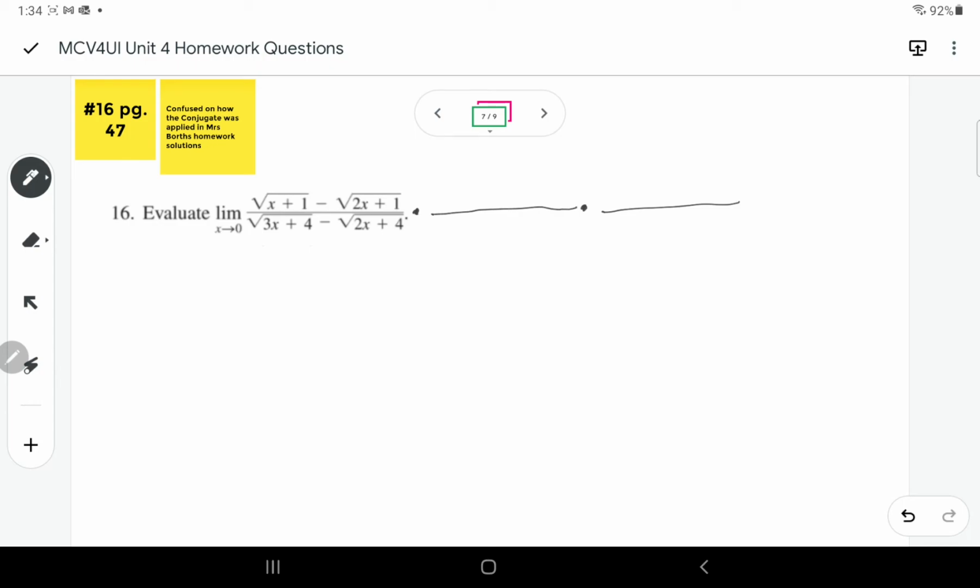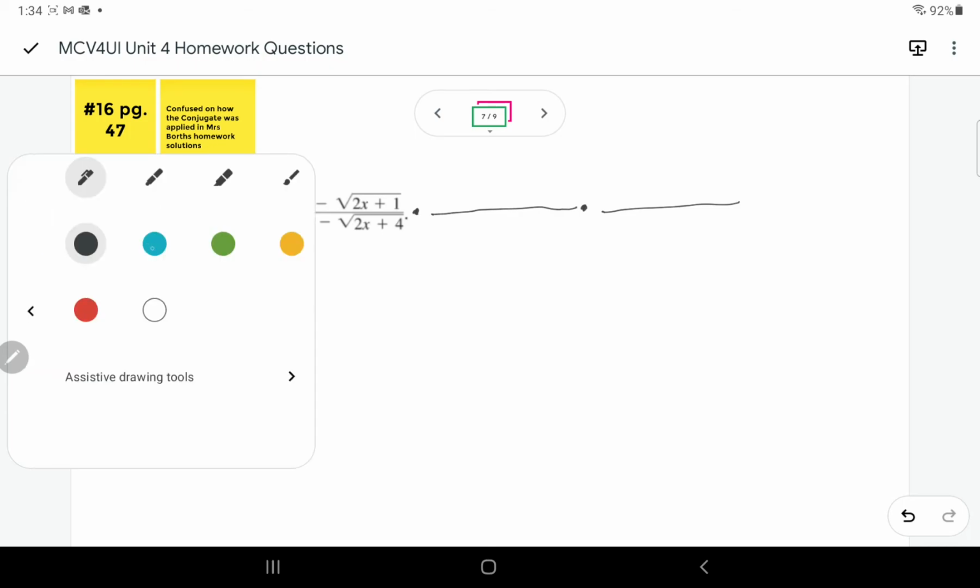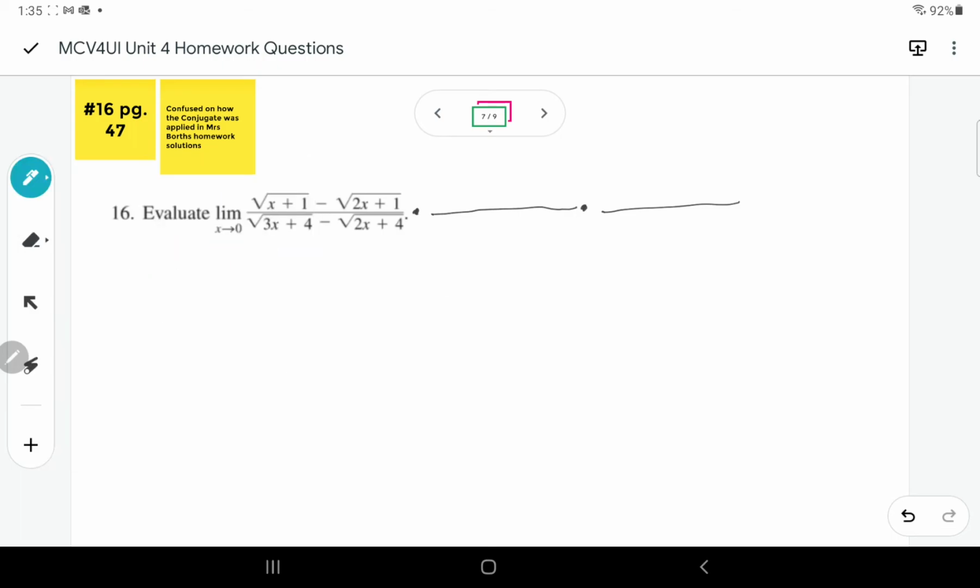So I'm going to multiply by the conjugate of the numerator first, and I have to do that top and bottom. So I'm going to multiply by root x plus 1 plus root 2x plus 1. And normally I would put the conjugate, or that same thing, right on the bottom there.